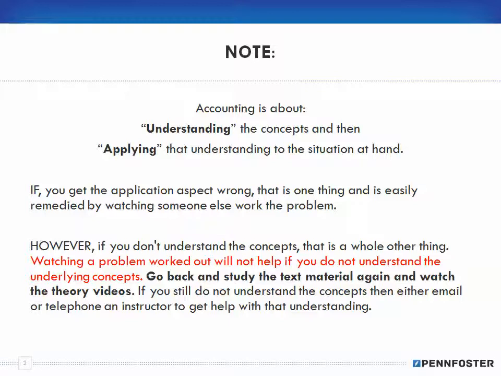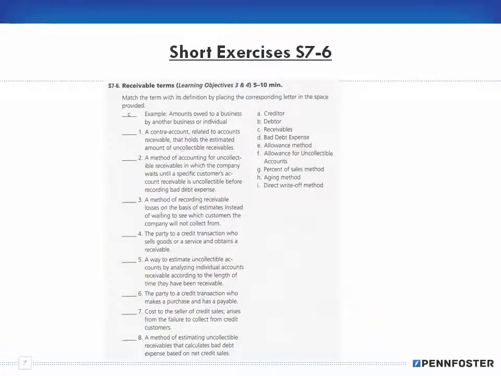All right, so let's jump down here to short exercise 7-6. It says here, match the term with the definition by placing the corresponding letter in the space provided. So let's do it from this perspective.